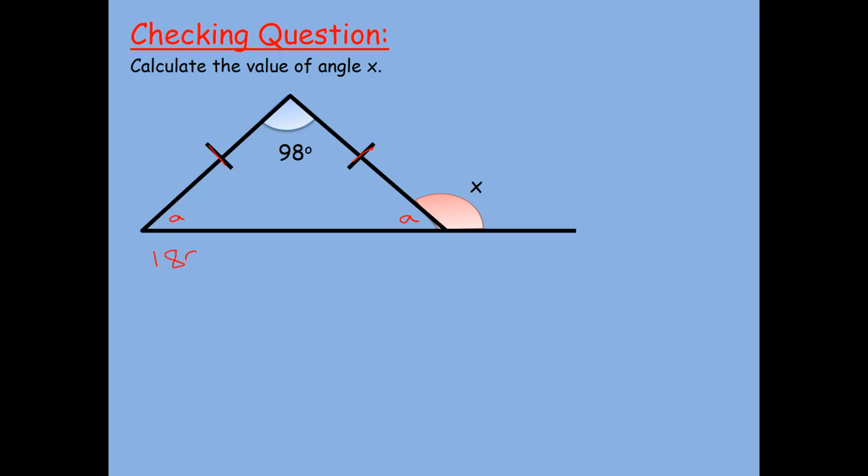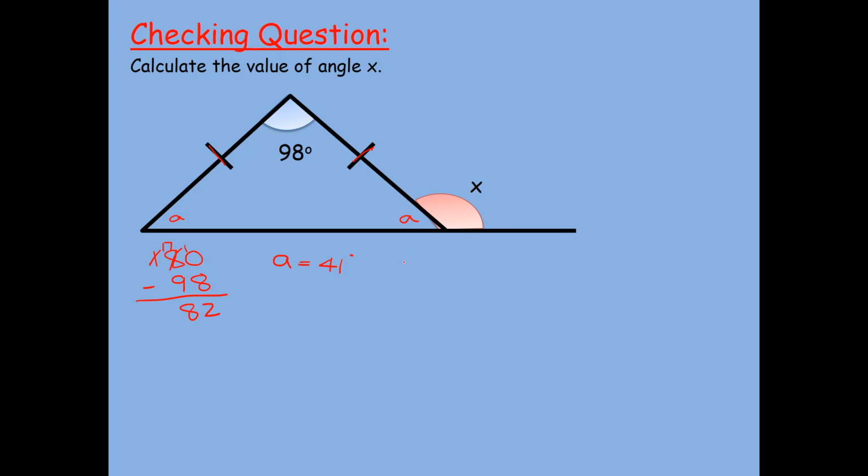So I'm going to say 180 take away 98. We've got 82 there, and we can see that that is 2 lots of A. So A must be 41 degrees.